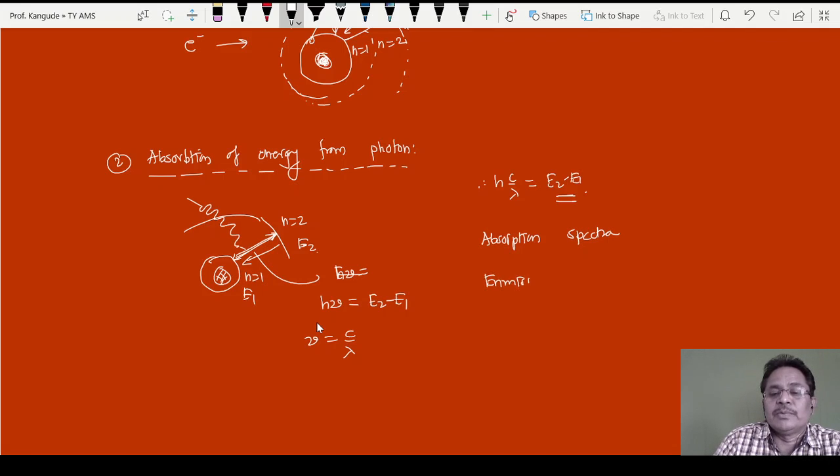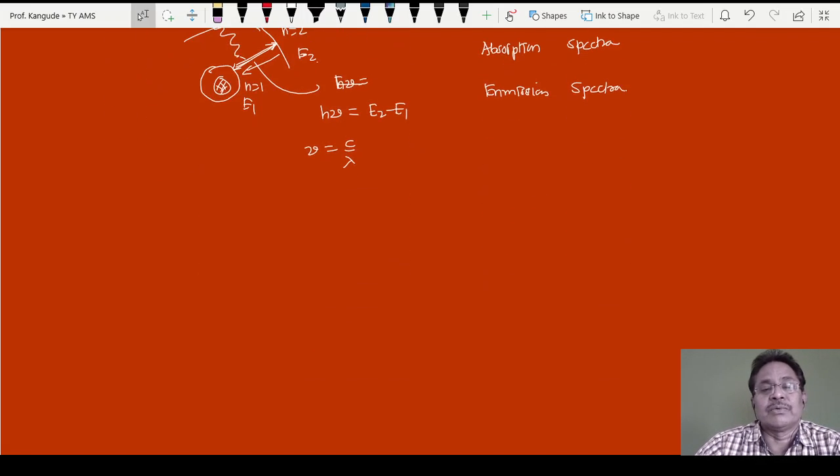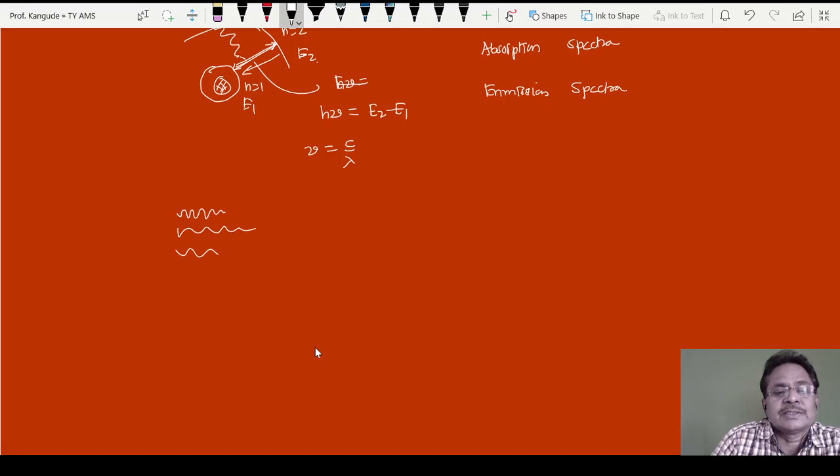In the case of emission spectra, as I discussed, the electron from a higher orbit comes to a lower orbit or lower energy state, and thereby a certain amount of energy is radiated in this process. Whereas if white light of several different wavelengths is incident, here in our book we have drawn this diagram, where different types of photons are coming with different wavelengths.